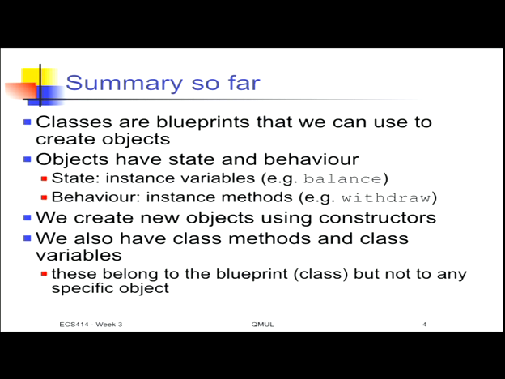We saw last week that there are two kinds of methods in Java. There are the instance methods that relate to objects. They only make sense with objects. They cannot be used without objects. And then we have the class methods that you are familiar with from the previous term.